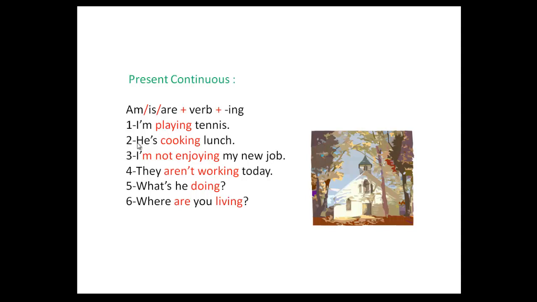So if I want to make a question, I have to change the places of the verb to be and the subject pronoun. Instead of saying what he is doing, we have to say what is he doing. Number 6, where are you living?